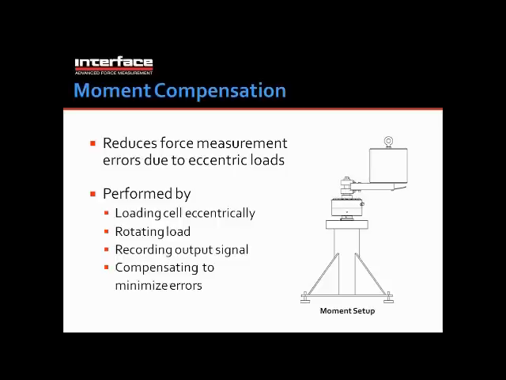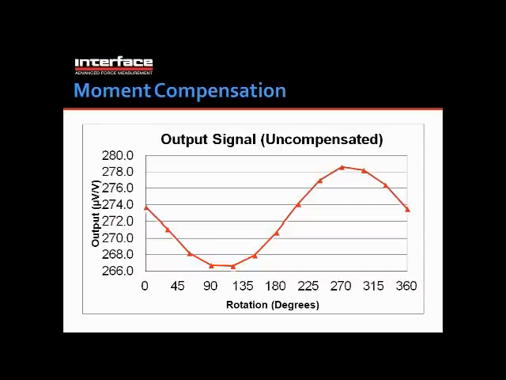And after that, we compensate to minimize those errors based on the initial signal outputs that we are getting out of the load cell. So what I have here is a graph of the uncompensated moment condition of the load cell.